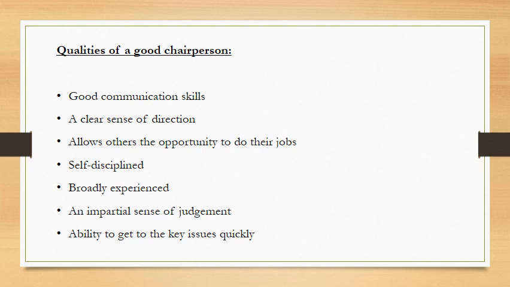A good chairperson knows how to get to the point very fast so that the meeting doesn't last until 9 in the evening, which are some meetings that I have attended in my life. It's not fun. So a good chairperson gets to the point.